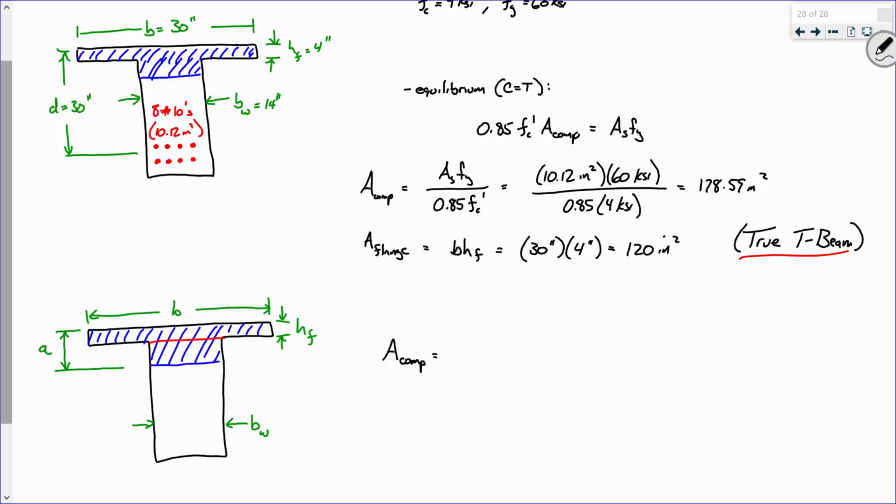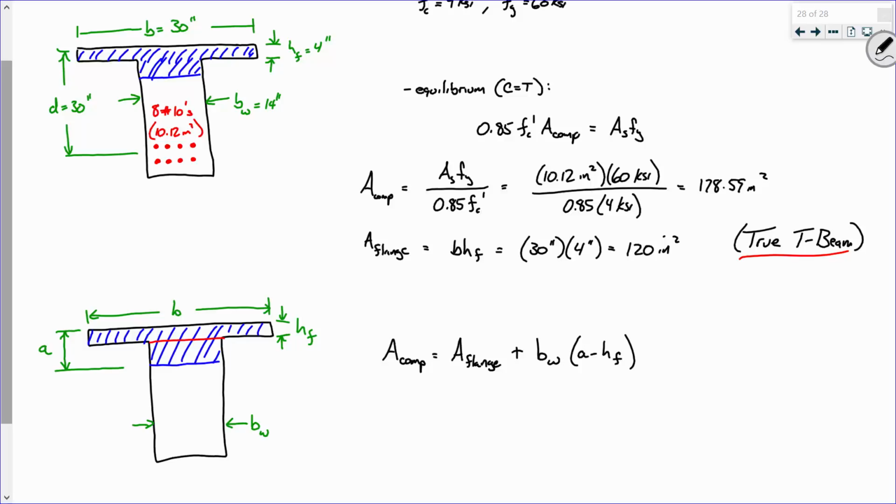So I propose it's the area of the flange, okay? Plus, now that rectangle down below, how wide is it? b_w. And how tall is it? a minus h_f. So I propose this as b_w times (a minus h sub f).